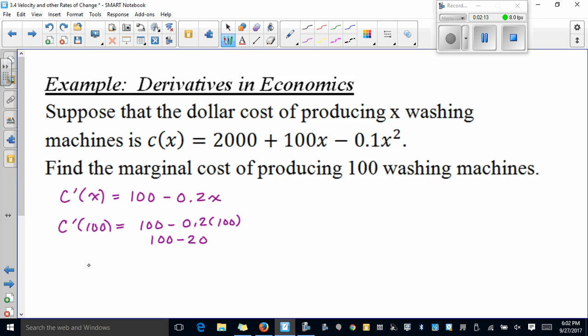So C prime of 100 would be $80. This is a cost, so we know it's $80. And really what it's saying is that this is the cost of making 100 washing machines. To make one more washing machine, that 101st washing machine is going to cost $80 more to make.